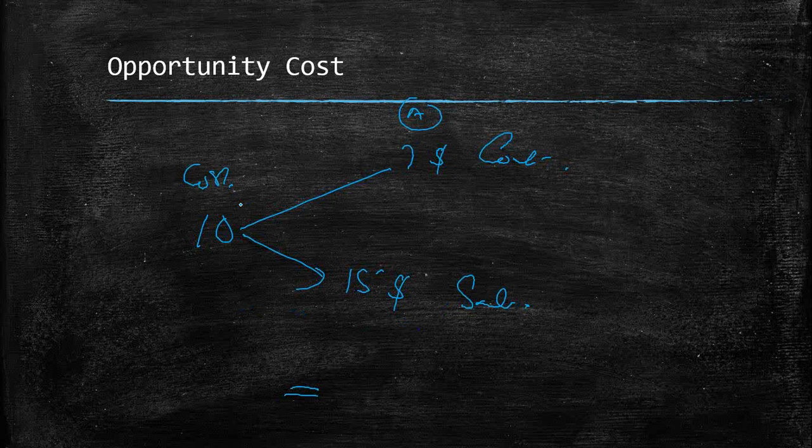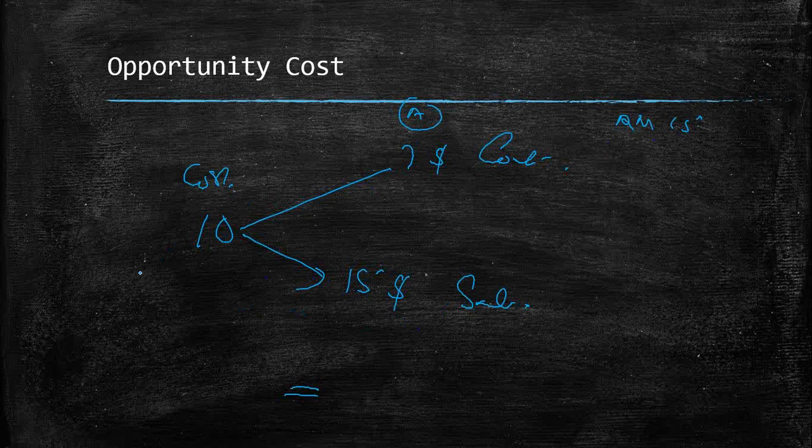So if I decide to manufacture this product, the relevant raw material cost is not 10, it is 15. This is what I'm trying to explain to you. Because I could have sold that raw material for 15.